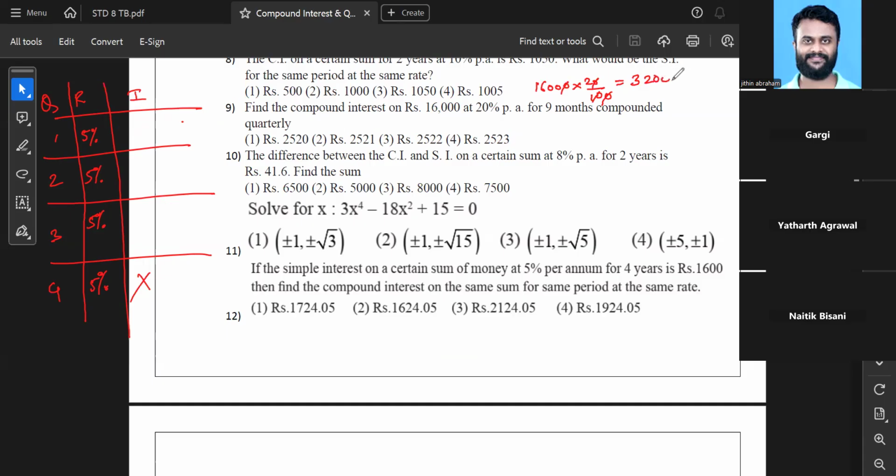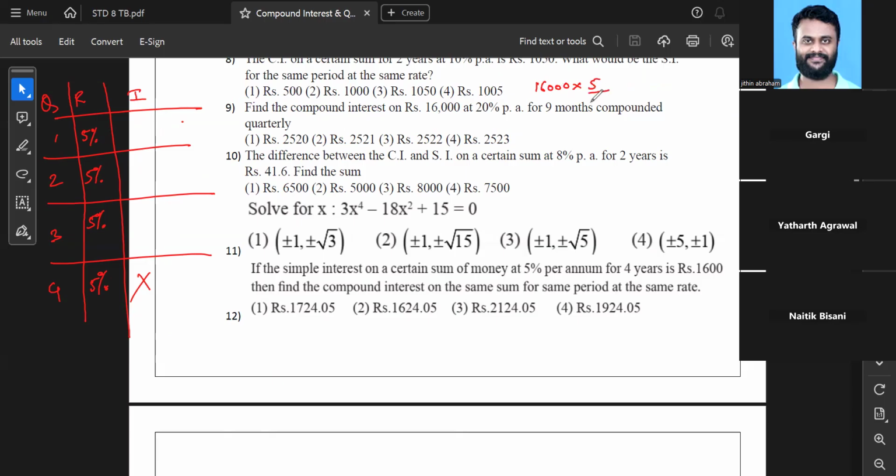Oh, my bad. Not 20%. I have to calculate 5% only, because I'm going to calculate interest for the first quarter itself.